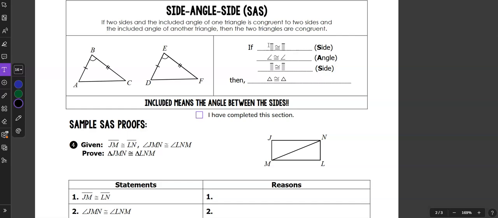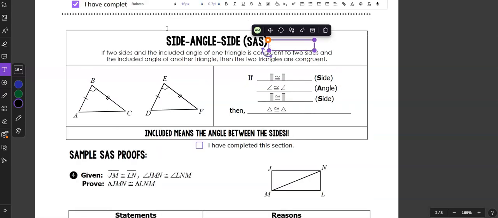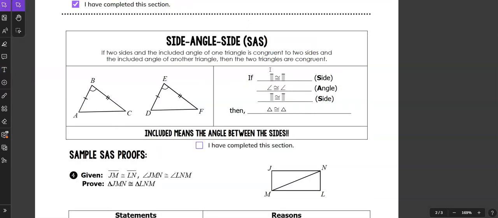So using this image here, if segment AB is congruent to segment DE, and we have our one tick mark and our one tick mark, and then our angle, we have our arc, so angle B is congruent to angle E. Again, notice these angles are in between the sides.